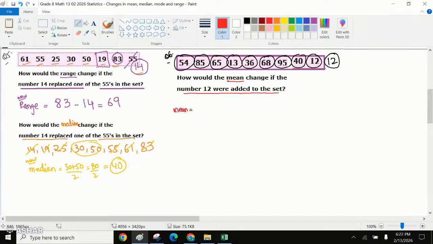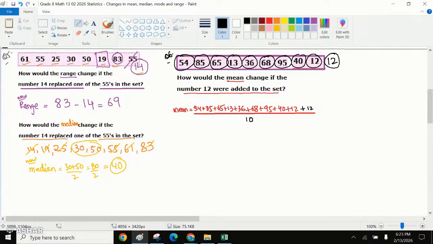The sum of the numbers would be 54 plus 85 plus 60. Can anyone give me the answer? You can use a calculator. 36 plus 68 plus 95 plus 40 plus 12. These were the original 9 numbers. But since we add another 12 to it, that means they become 10 numbers.